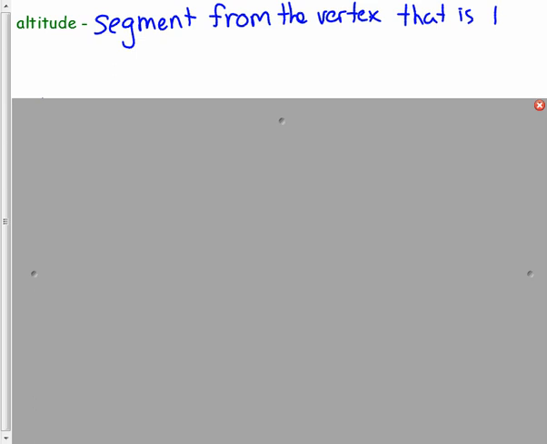An altitude is the segment from the vertex that is perpendicular to the opposite side.